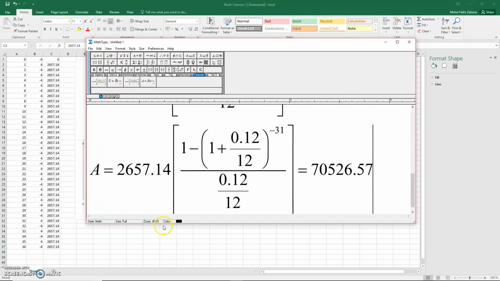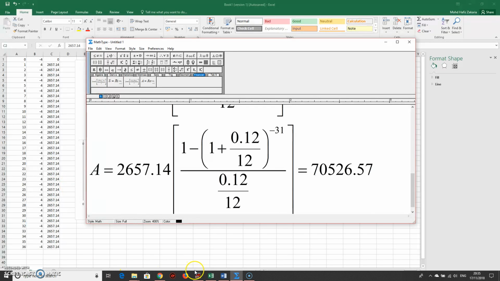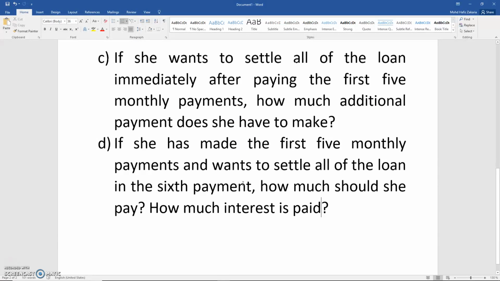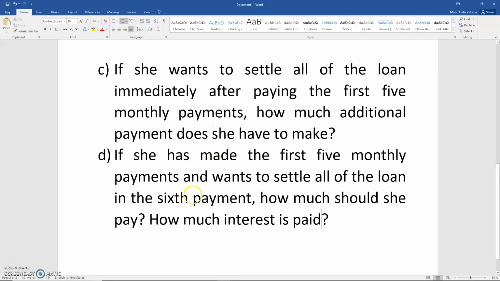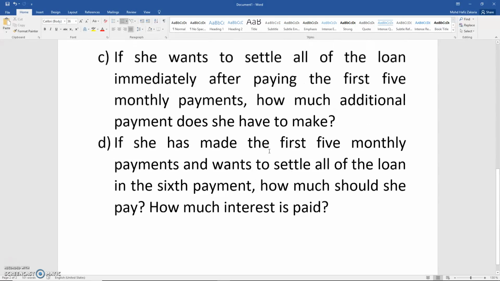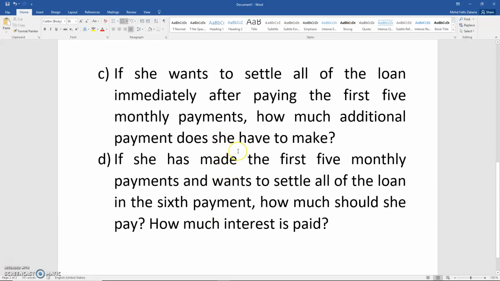Okay, now let's look at the next question, D. If she has made the first 5 monthly payments and wants to settle all the loan at the 6th payment, how much should she pay? How much will be the interest? The difference between these two questions is the time the settlement was made.